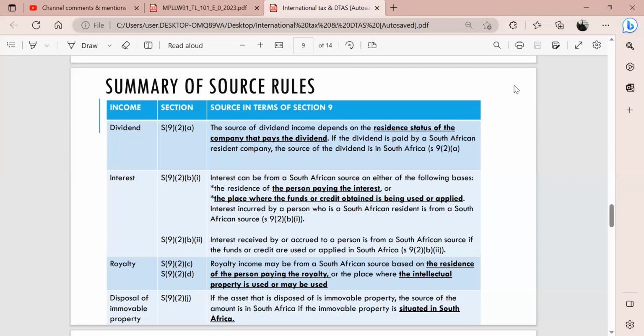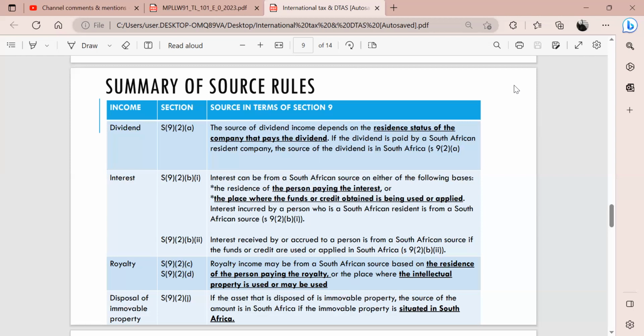It can be from a South African source on the following basis: the residence of the person paying the interest. So if the person paying the interest is a South African, then that makes it income from a South African source. Or if the place where the funds or the credit obtained is being used or applied is South Africa, that makes that interest income South African interest income.